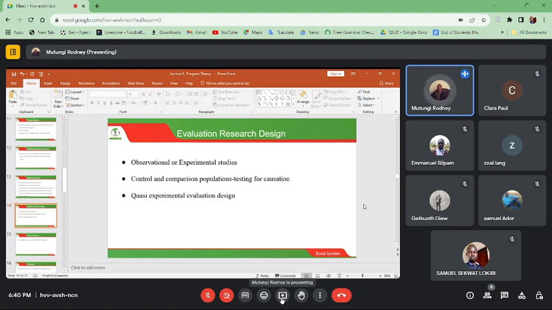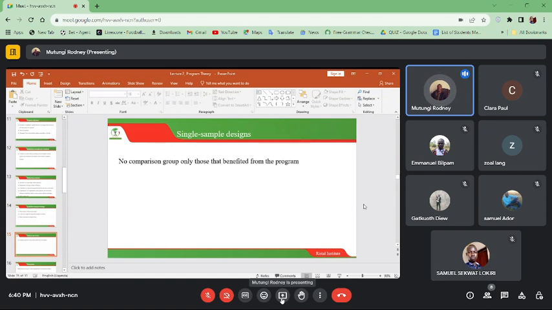experiment or observational design. So the other designs that are used for evaluation could be single sample design, and in this case, you just look at the people who benefited from the program. If I put in place my nutrition program and it is time to evaluate, I do not have to go to the other town Y, which did not receive those food rations.